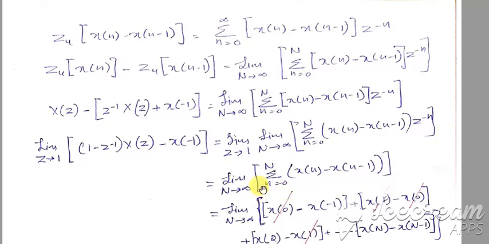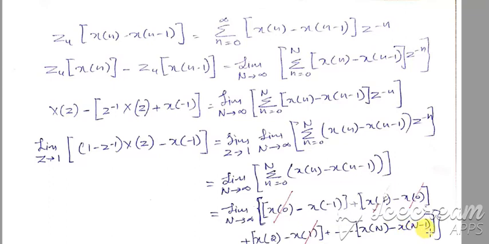Once we expand this expression, we put the value n is equal to 0, then it becomes x[0] minus x[minus 1]. Like this, if we take n is equal to 1, it becomes x[1] minus x[0]. In this way we expand it up to n, so it becomes x[n] minus x[n minus 1].